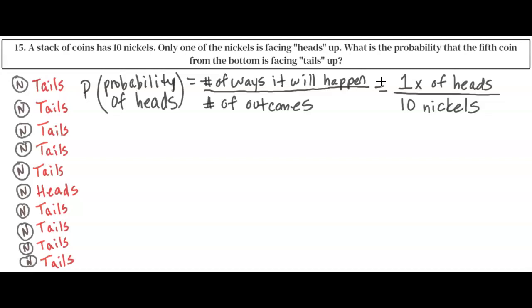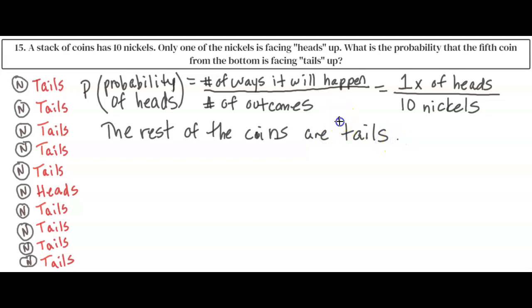And obviously, because the problem says only one of the 10 nickels is heads up, therefore, if one of the nickels is heads up, that means the rest of the coins are tails, or tails up.